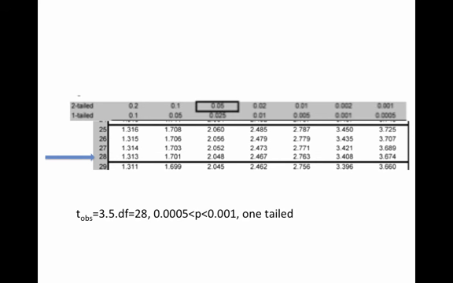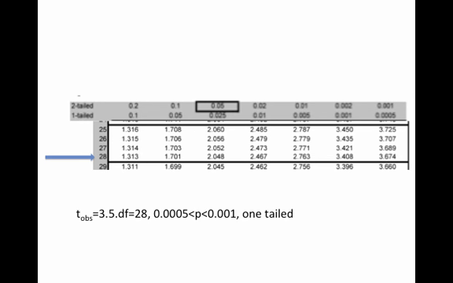Thus, you should report in your results that you can reject the null with the probability somewhere between 0.0005 and less than 0.001. We've written that information, how you would write it in a lab report, at the bottom of this slide.